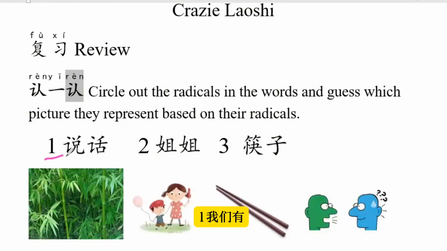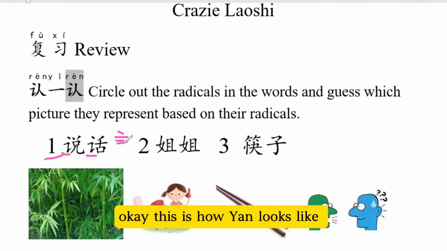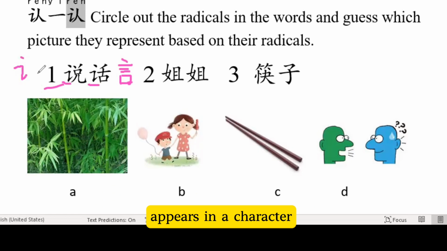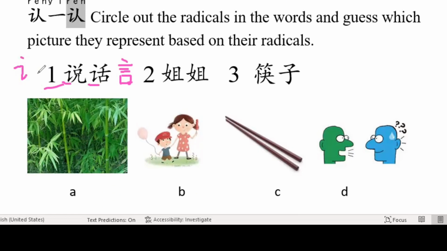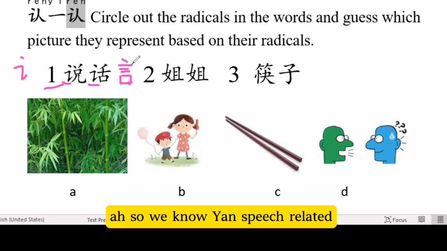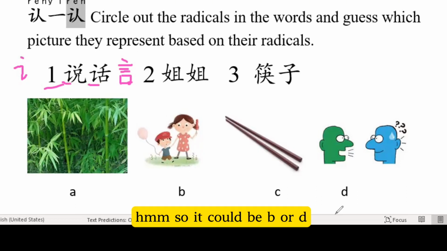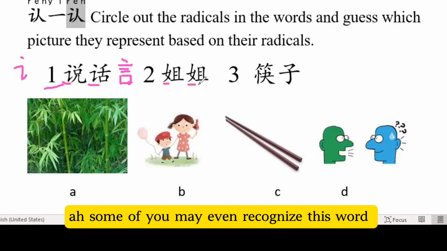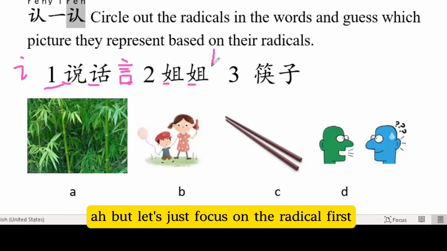一，我们有 we have 言 radical. This is how 言 looks like. This is how 言 appears in a character. So we know 言 is speech related, so it could be B or D. Some of you may even recognize this word, but let's just focus on the radical first.